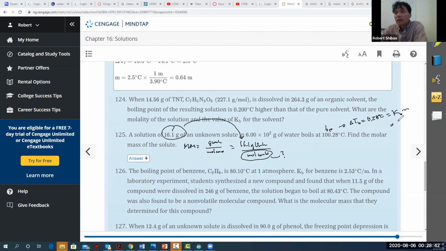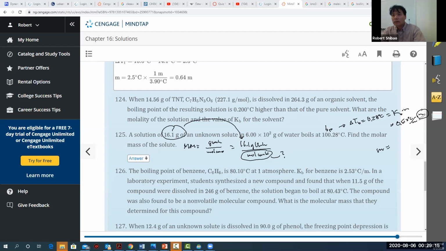KB is 1.86? Or 0.5? No, it was 0.512, sorry. So 0.512 degrees C per little m times m. So we can solve for molality here.